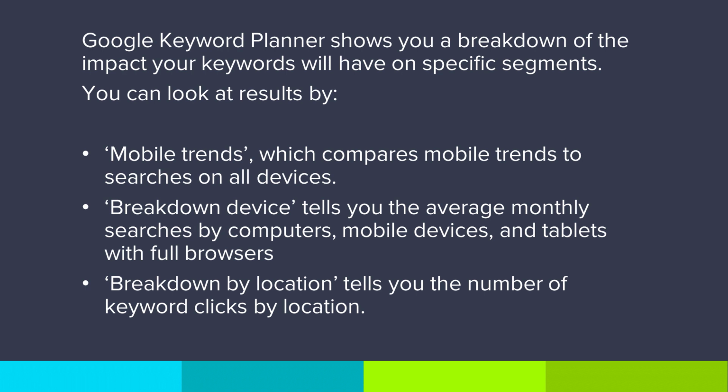Now, you can look at results by mobile trends, which compares mobile trends to searches on all devices. Breakdown device tells you the average monthly searches by computers, mobile devices, and tablets with full browsers, while breakdown by location tells you the number of keyword clicks by location.